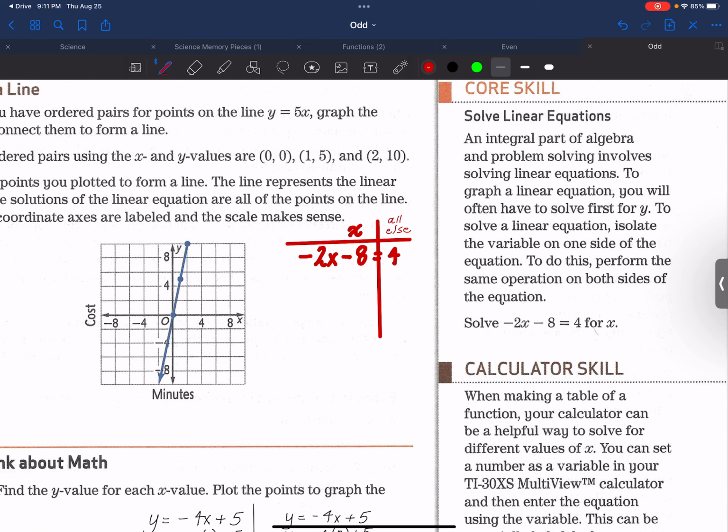So I have that -8 that needs to move. So let's add 8 to both sides. And that leaves me with -2x equals 12. And then divide by -2. So x is -6. That is called solving an equation.